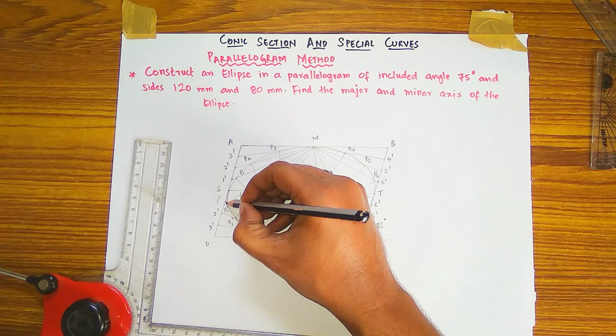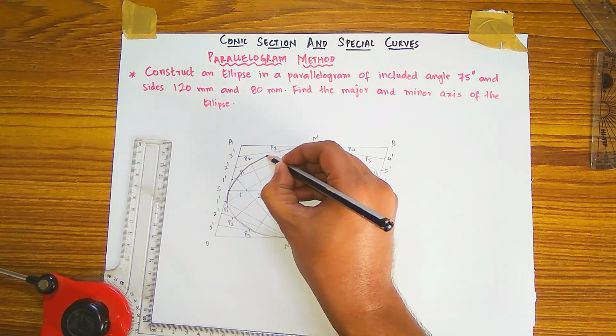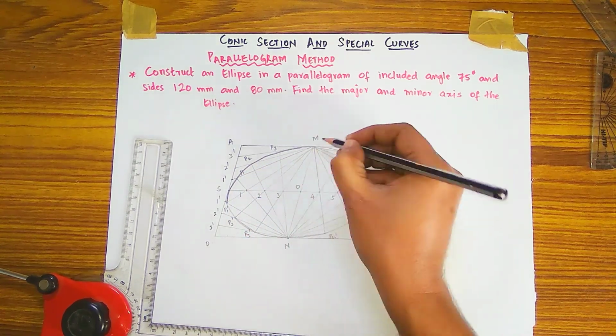Then you have to darken this ellipse with your free hand only.